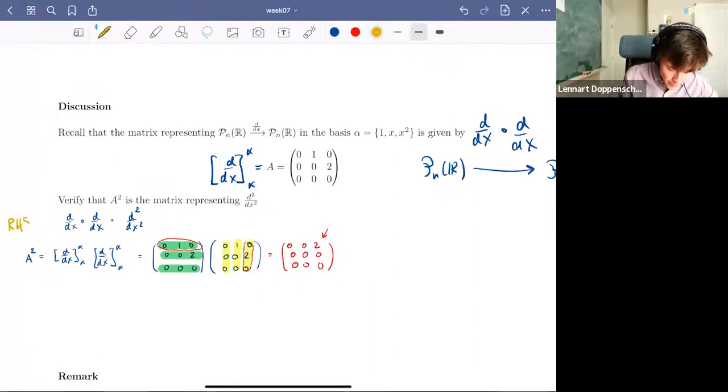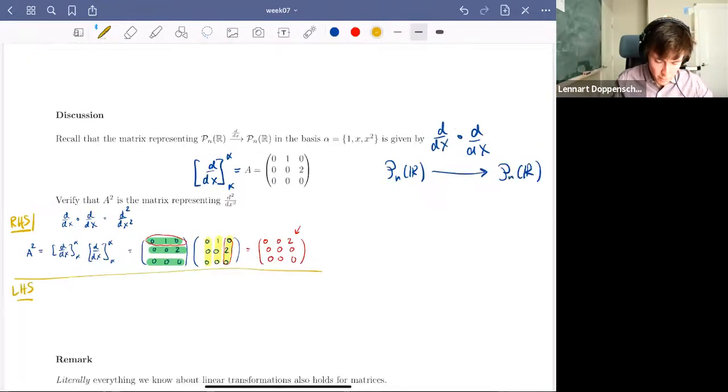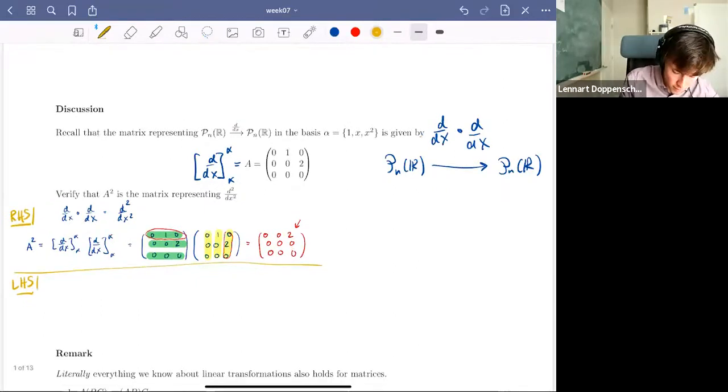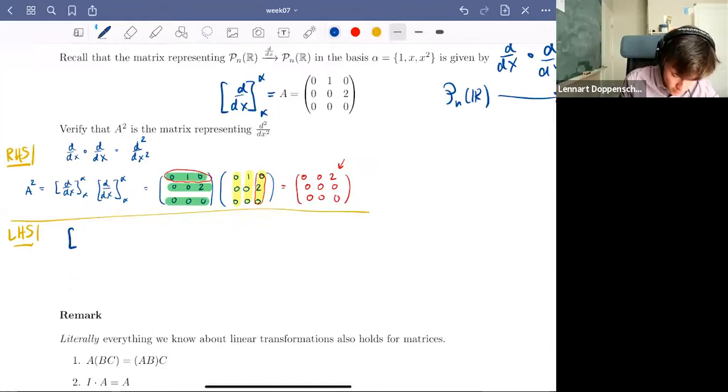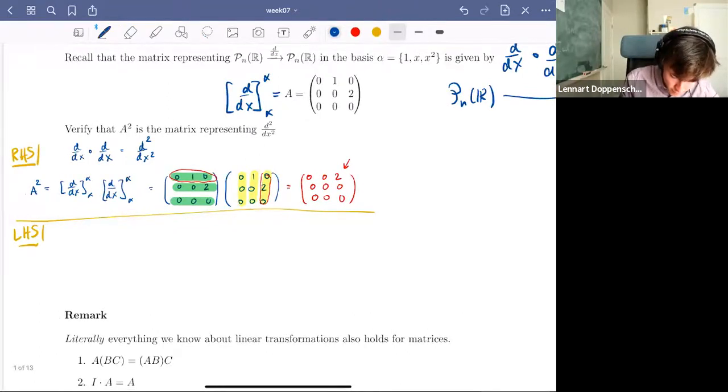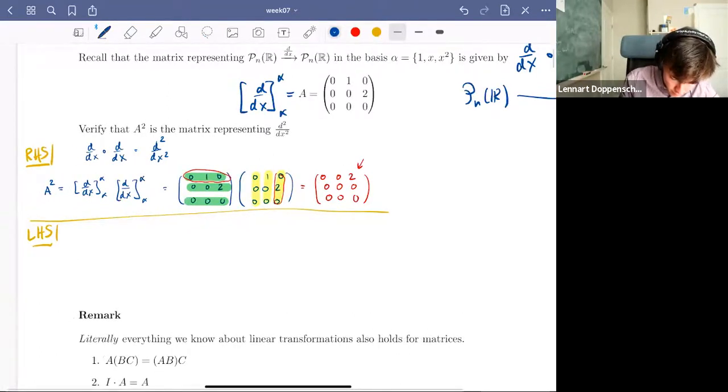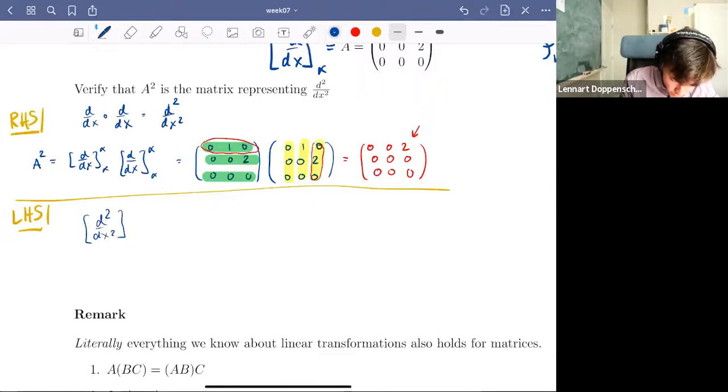And to do the left-hand side, we need to find the matrix of d by dx squared from alpha to alpha. But remember, how did we do this again? We just applied the operator, the transformation, to each element in the basis, and then we wrote this as columns. So now we need to apply the algorithm.